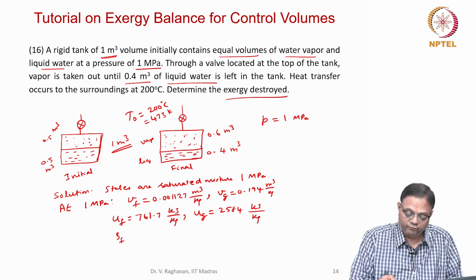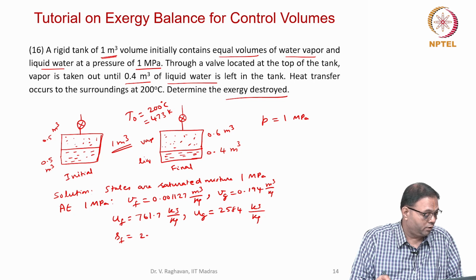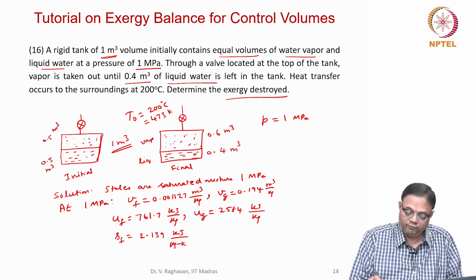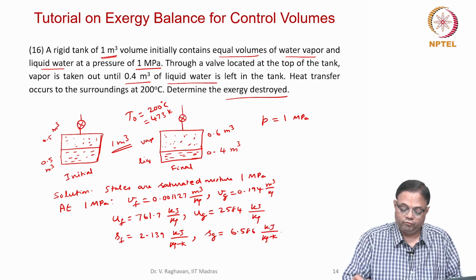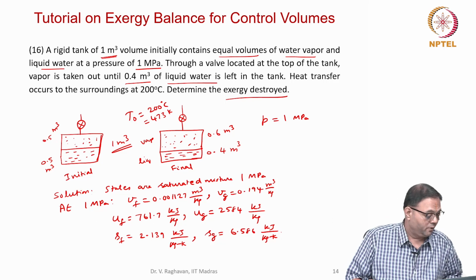Similarly, Sf equal to 2.139 kilojoule per kg Kelvin and Sg equal to 6.586 kilojoule per kg Kelvin. So all the properties we have taken.